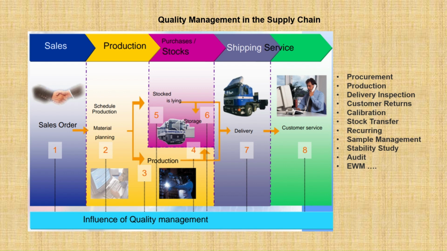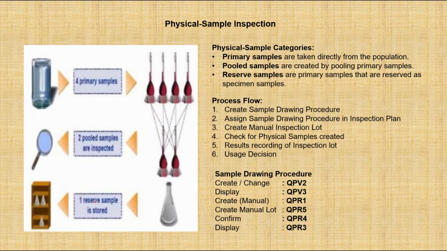In the sales department, when I'm selling my product to the customer, at that time I'm doing my inspection. In SAP, if we are dealing with liquids, then we call it a physical sample, because there is sample management itself which will handle most of the complicated things.